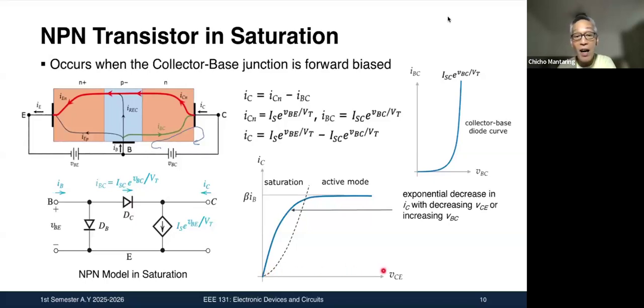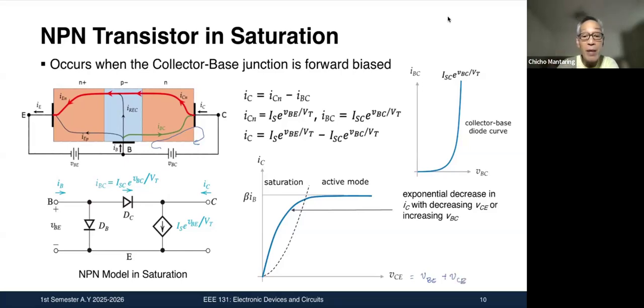When VCE is large, VCE is the voltage from here to here. So what does that consist of? VCE is equal to VBE minus VBC, or plus VCB.